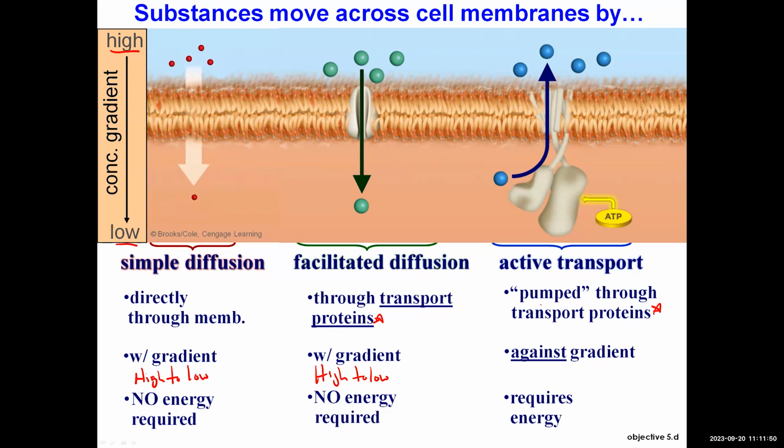But unlike facilitated diffusion, because we're moving from low to high, against the gradient, active transport requires energy. You should know the difference between these three types of movement, whether they need proteins, whether they move with or against the gradient, and whether they require energy for this to happen.